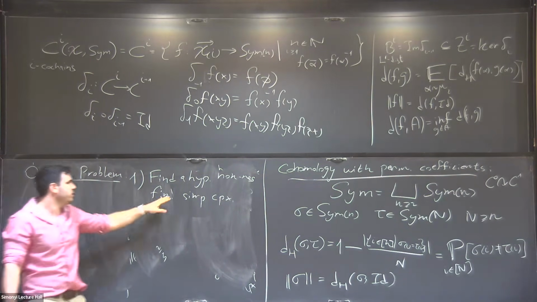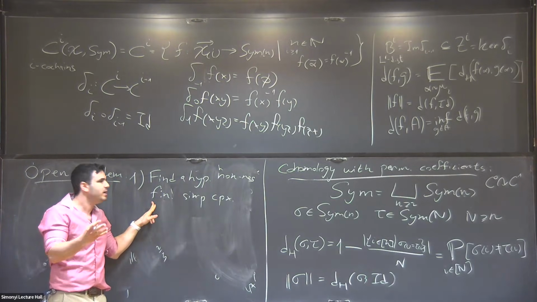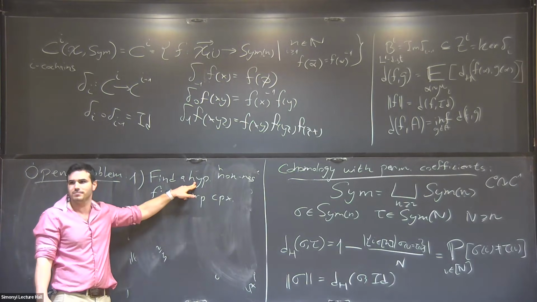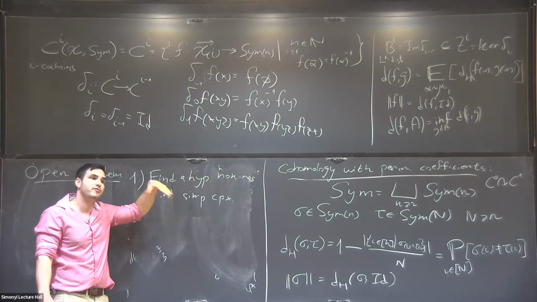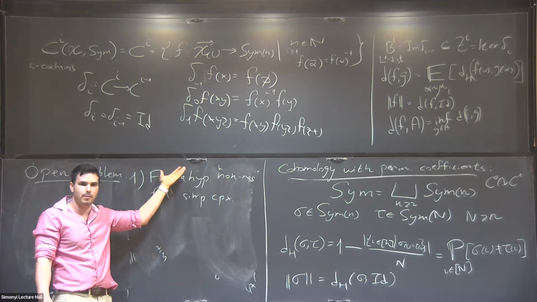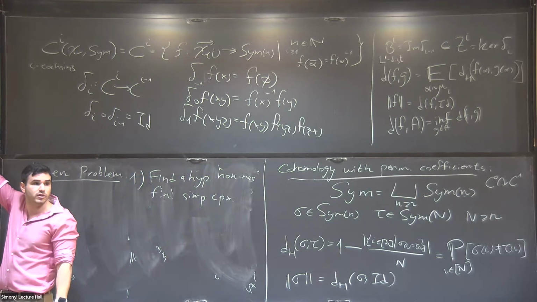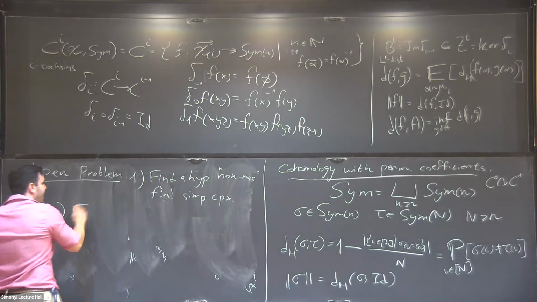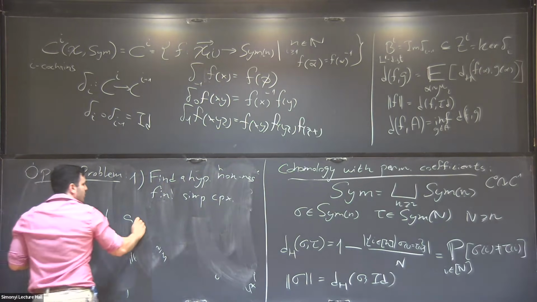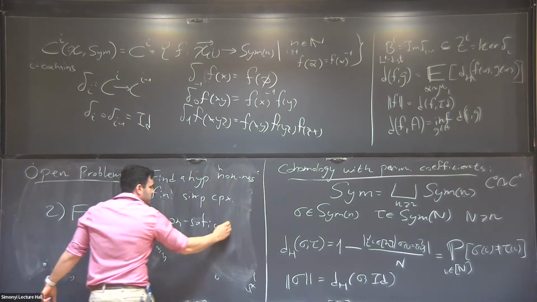It is not residually finite, so it satisfies this condition, but believe me, it's also not hyperbolic. And it's completely open to find a simplicial complex that satisfies the hyperbolicity condition but does not satisfy this first definition here. And for the second one, find any non-sofic simplicial complex.